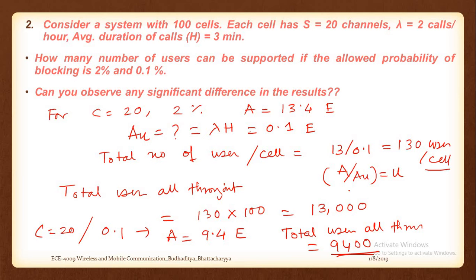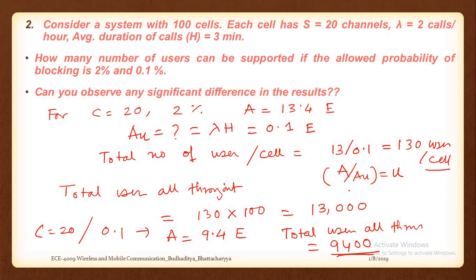Can you observe the significant difference? What can be the comment from this? The first one had 2% blocking probability. The second one has 0.1% blocking probability. So naturally, in the second case we have the least blocking probability.